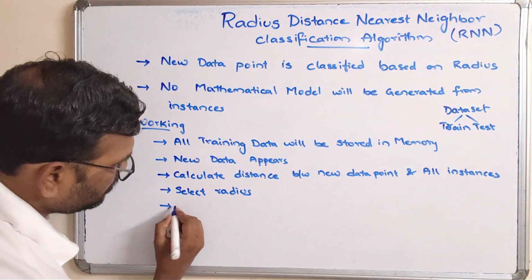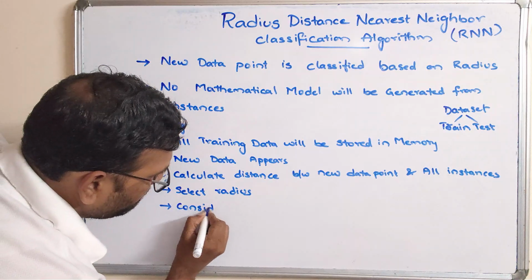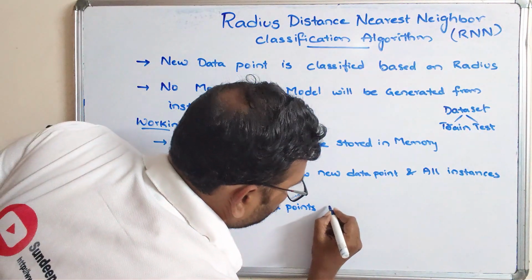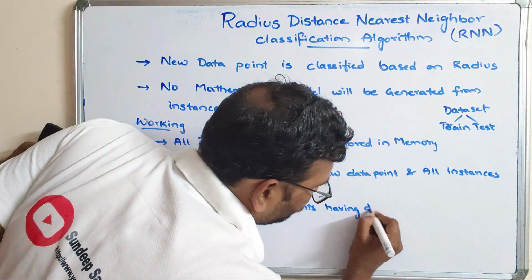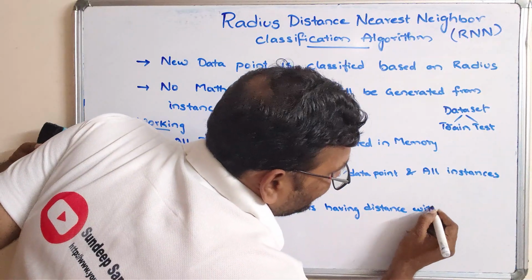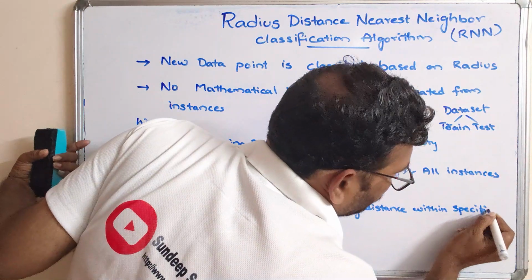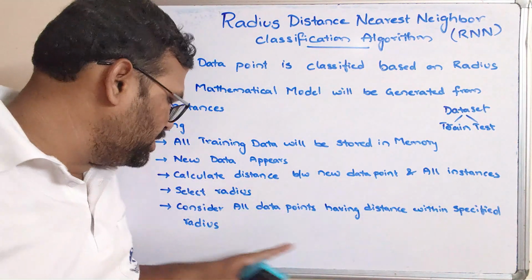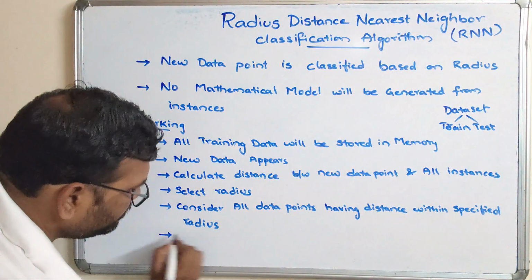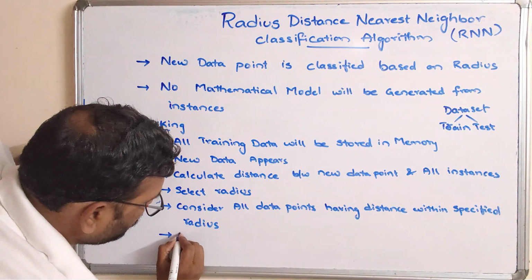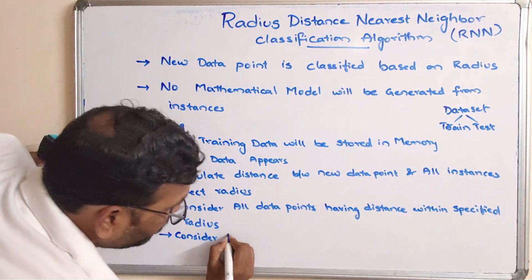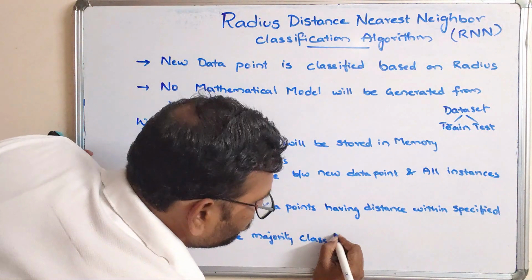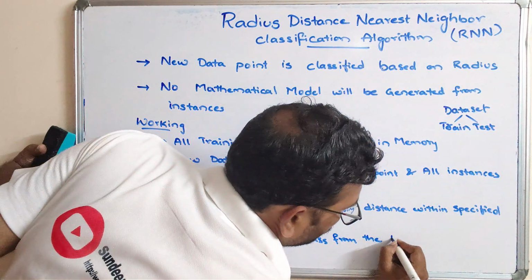Now consider all data points having distance within the specified radius. First we need to calculate the distance, and then find all the data points whose distance is within this particular radius, and then consider the majority class or category from the neighbors.